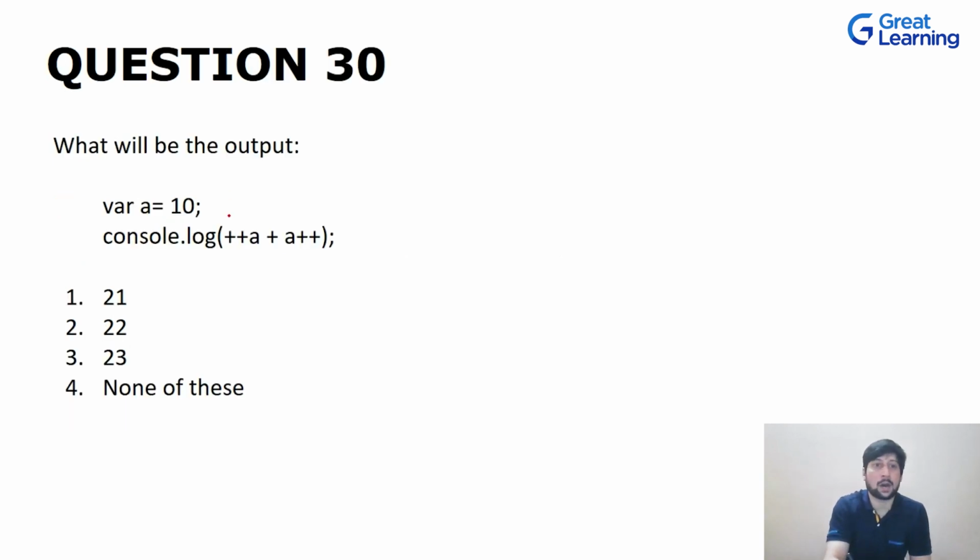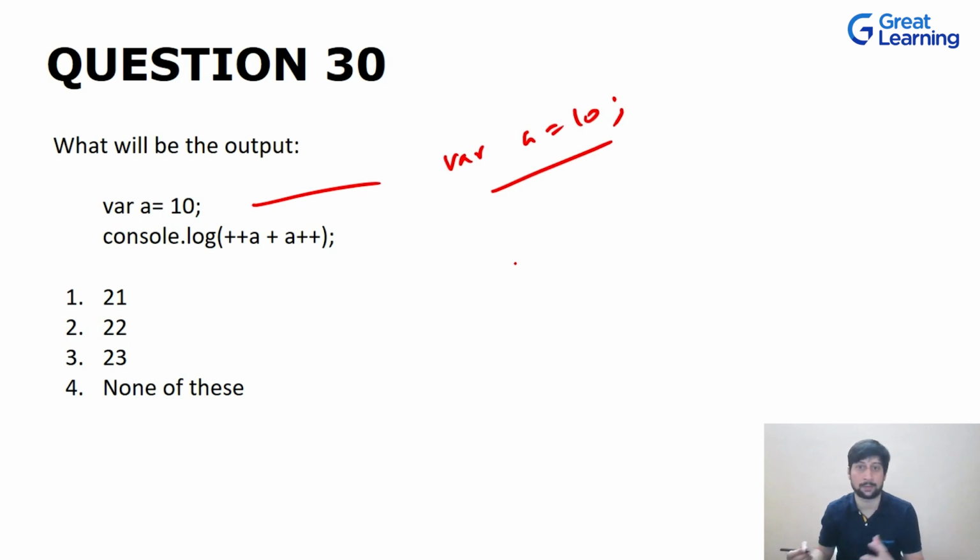Now, what will be the output in this case? We have this variable a that is equal to 10, right? Now what we are doing, we are trying to do an operation which is pre-increment and post-increment. So how does pre-increment work?